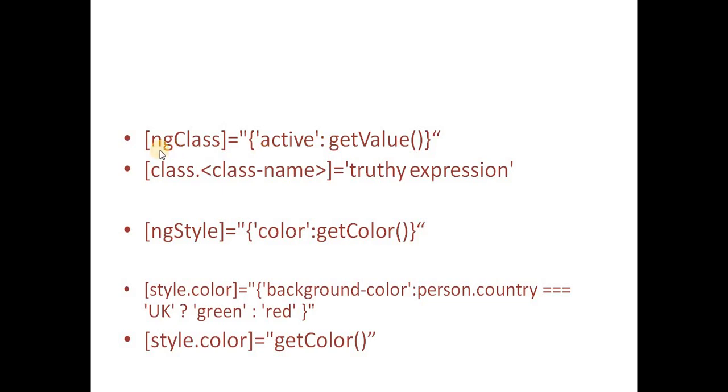If you can see in the ngClass syntax, this is the class name and this is the truth expression which will give the return value as true or false. In the same way, in this class syntax also we can call a function here. So as per our requirement, in different syntaxes we can add a class to the HTML element.